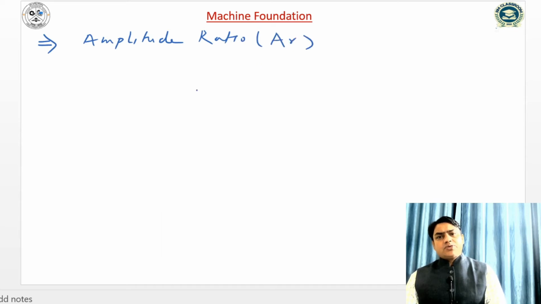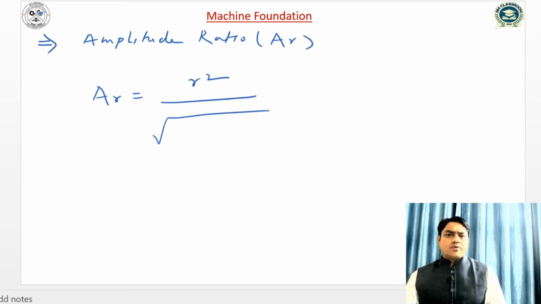This amplitude ratio AR can be computed as AR is equal to R square divided by square root of (1 minus R square) whole square plus 4 eta square into r square.